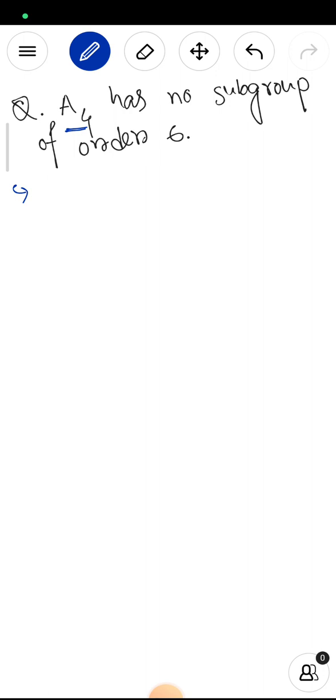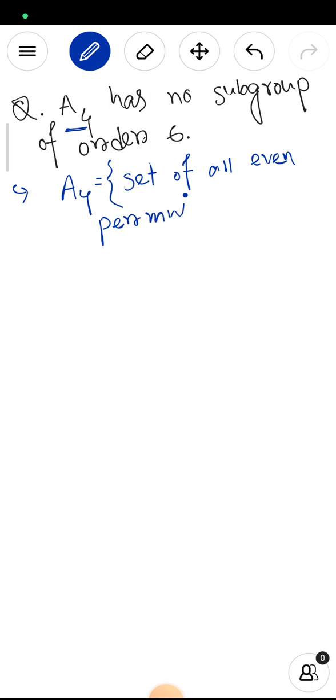So, first I define what is A4. We all know that A4 is a subgroup of S4, the symmetric group with 4 symbols. So what is A4? A4 is the set of all even permutations of S4.